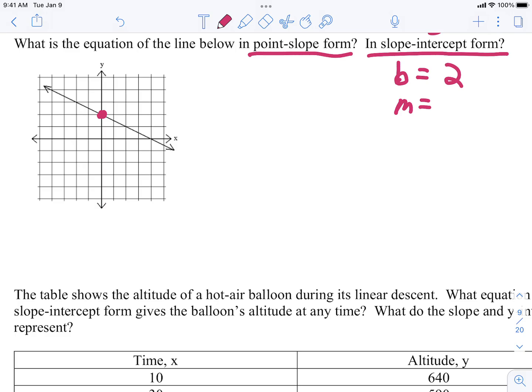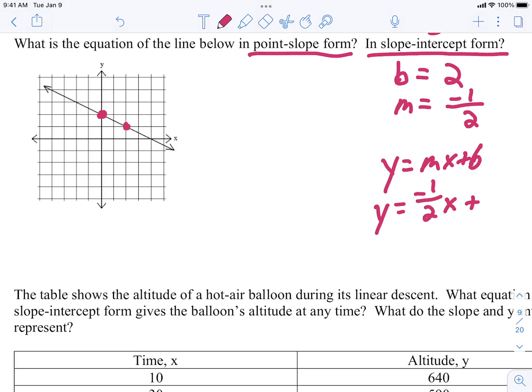And then you just want to pick another clean point, which looks like that right there, and do your rise over your run. Looks like down 1, right 2. And we can plug that into y equals mx plus b and say y equals negative 1/2 x plus 2.